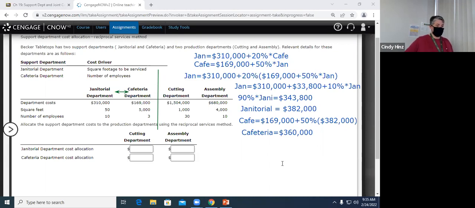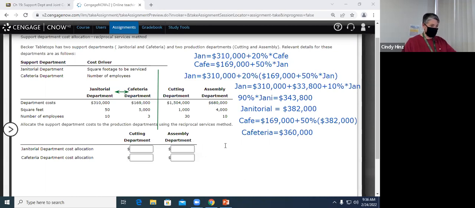So now what we are going to do is allocate the janitorial and the cafeteria to the production departments. So for the cutting department, janitorial is being allocated based on square footage.